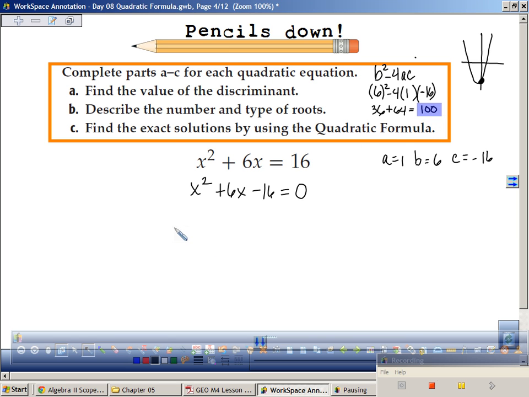Okay, so this quadratic formula is -b plus or minus the square root of b squared minus 4ac all over 2a, which is x equals.